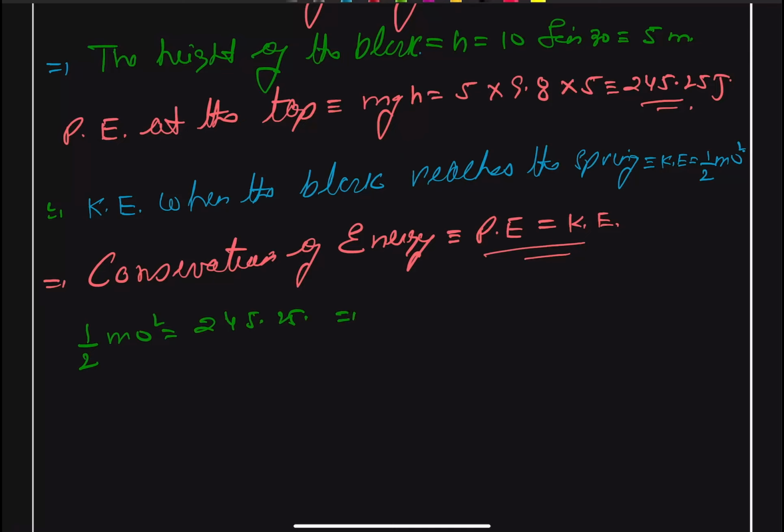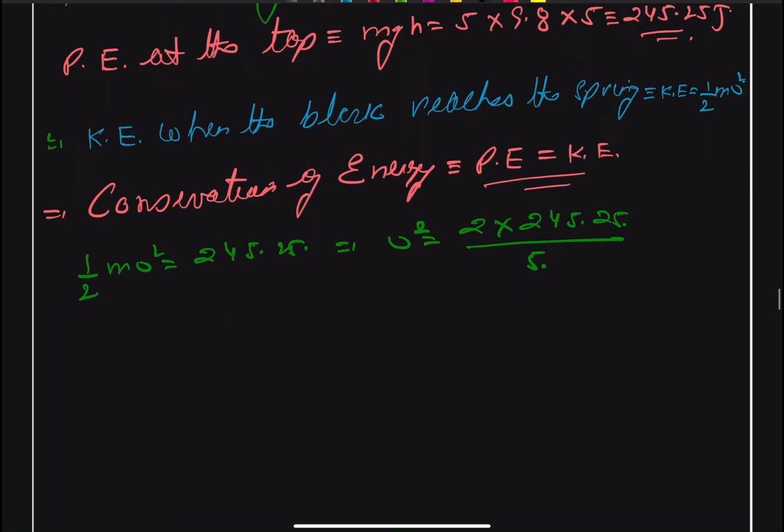This gives us that v square will be equal to 2 multiplied by 245.25, mass is 5. Therefore the velocity will be approximately equal to 9.9 meter per second.